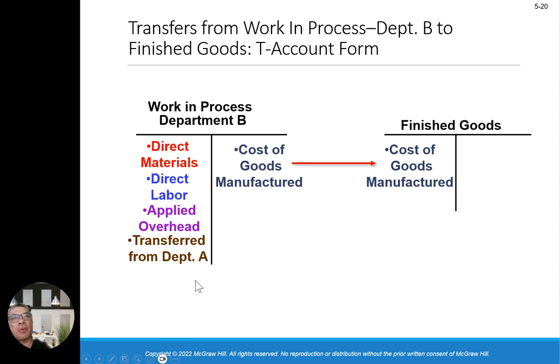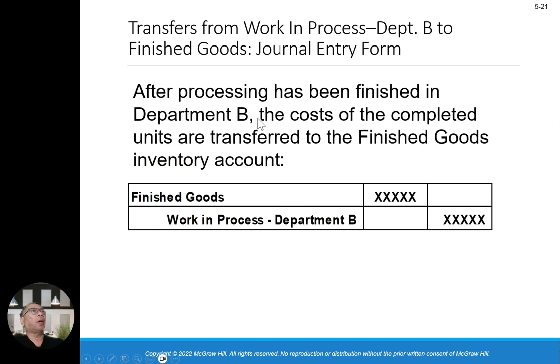This is, remember, the transfer from A here, okay? Debit side and credit side, go all the way to finished goods, debit there. After processing has been finished in department B, the cost of completed units is transferred to the finished goods inventory account. Finished goods is debit, work in process department B is credit.